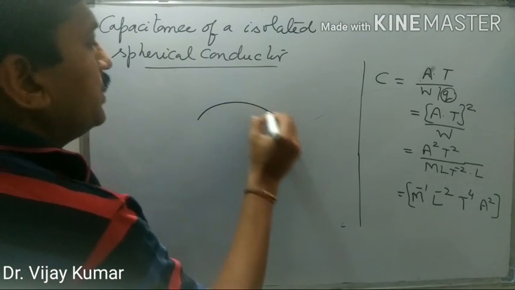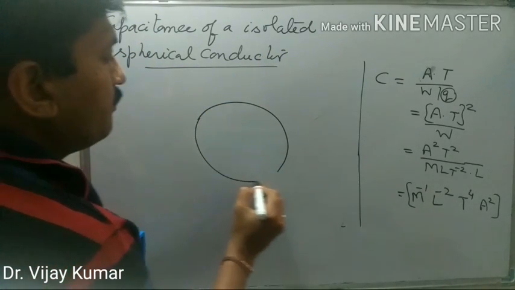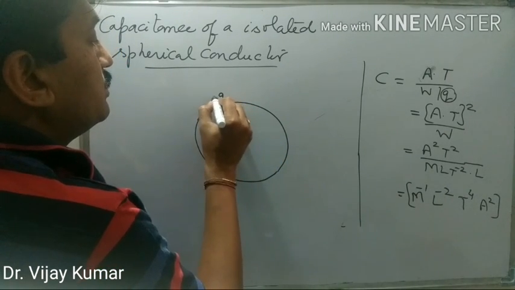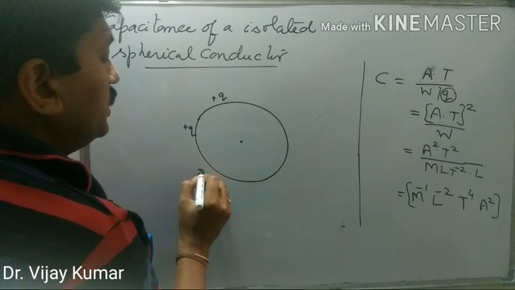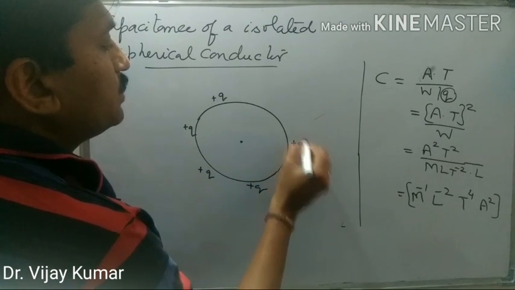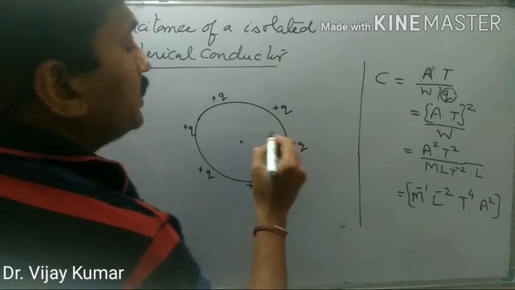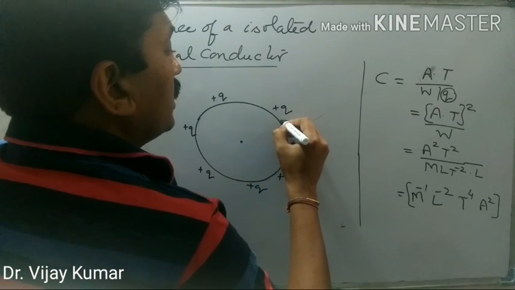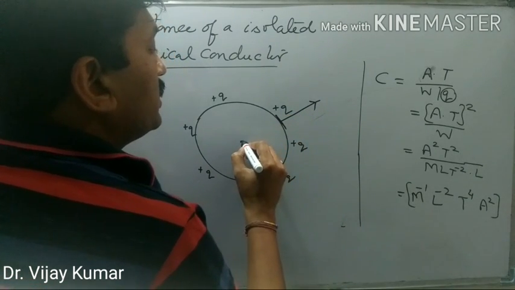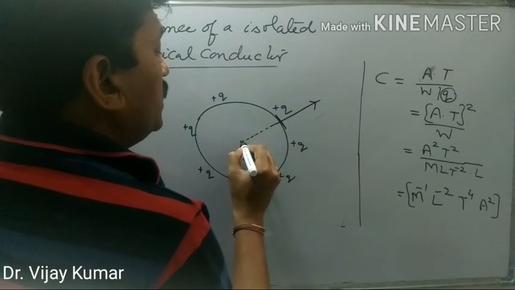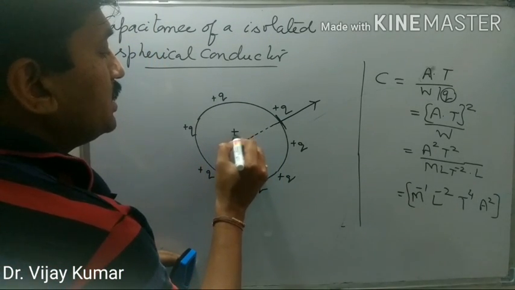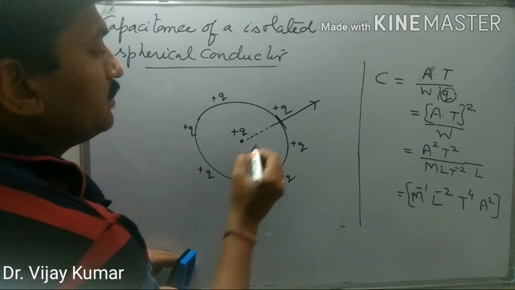Suppose this is a sphere and this is a center, and we can consider that a charge plus Q is uniformly distributed on the surface of a sphere, and we know that the electric lines are always perpendicular to the surface of a sphere, and we can consider the electric lines are coming from the center of the sphere, and we can assume that there is a charge plus Q at the center of the sphere.